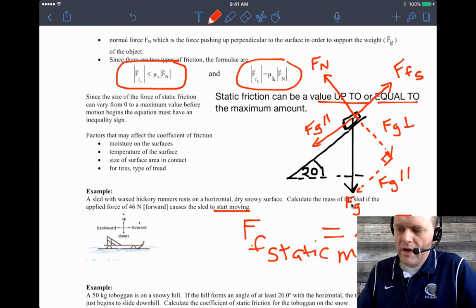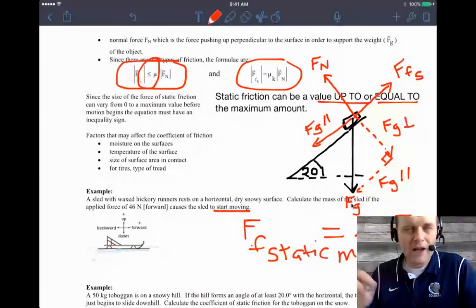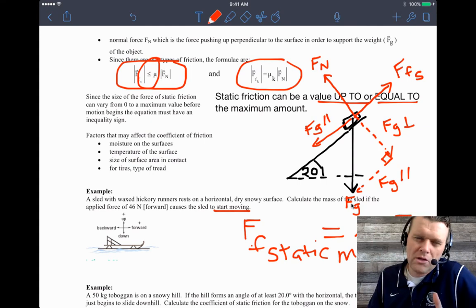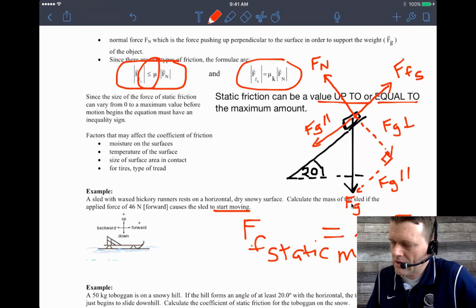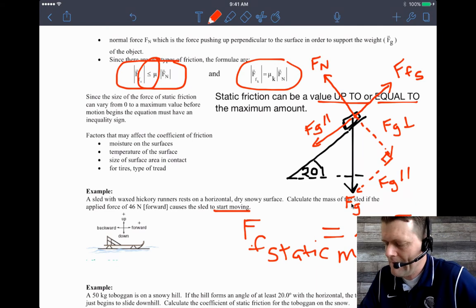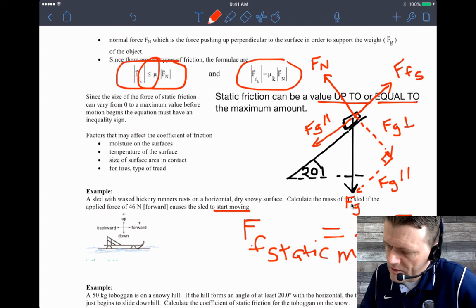Okay, so that's slightly different than what's up here, because there we have a less than or equal to sign. And truthfully, the majority of the time you are going to be dealing with the maximum static friction anyway. So then it's a lot similar to the force of kinetic friction. So in this case, we are applying a force of 46 newtons forward on the sled.